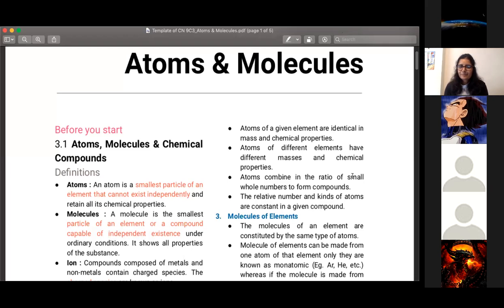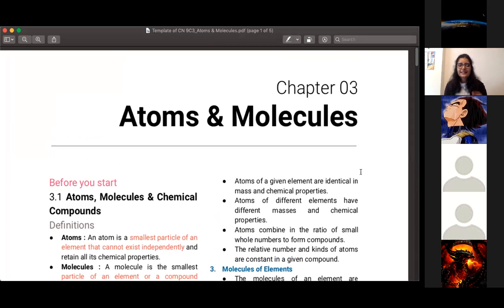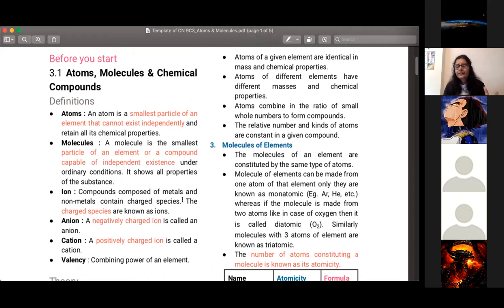Can you repeat? Fundamental unit of what? Of any substance. Any substance? Yes, absolutely. So an atom is the smallest particle of an element that cannot exist independently and retains all its chemical properties. Okay. So yeah, technically, absolutely.